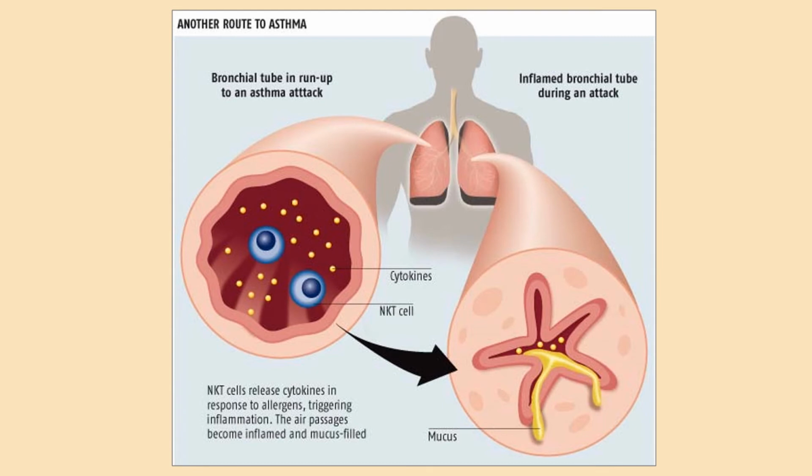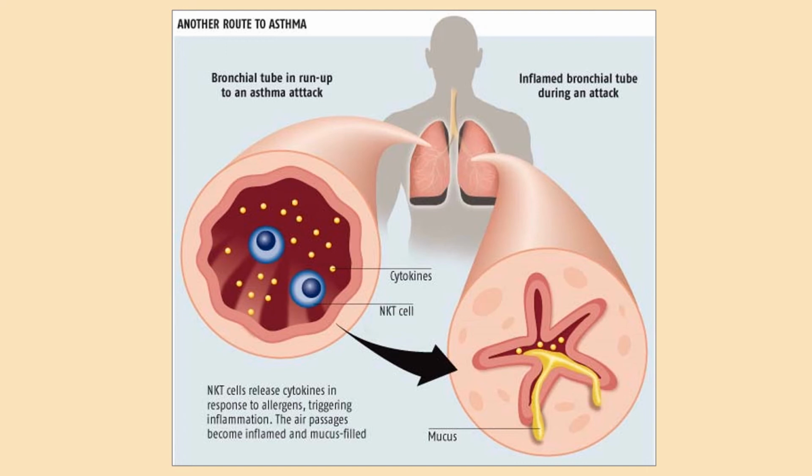So here we're looking at the airways of a person with asthma, and on the left we see the airway just prior to the onset of an asthma attack. So during an asthma attack, immune system cells release signaling molecules that cause a local inflammation and bronchoconstriction, as well as an increase in mucus production.